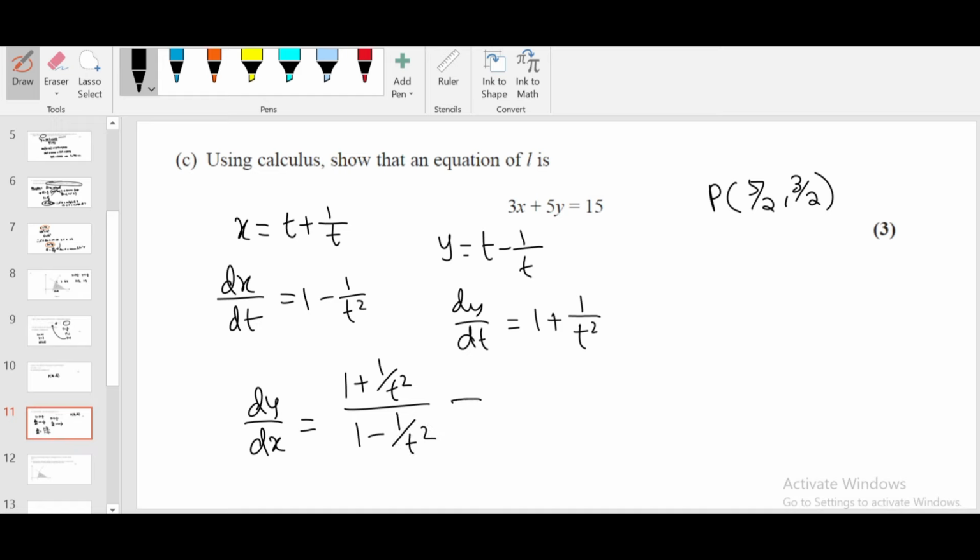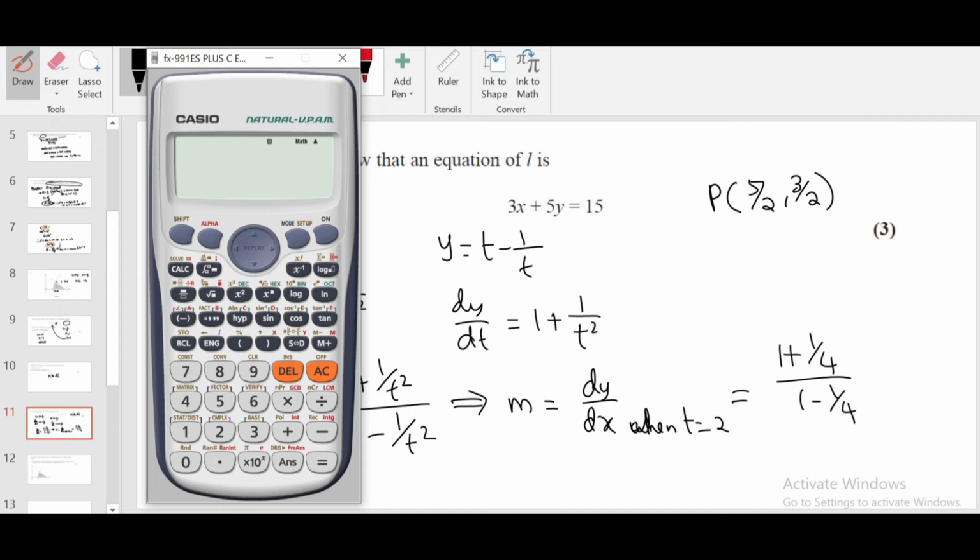To find the slope, we know t is equal to 2 at the point P. So slope is dy over dx when t is equal to 2. So sub in here: 1 plus 1 over 2 square, 1 minus 1 over 2 square.